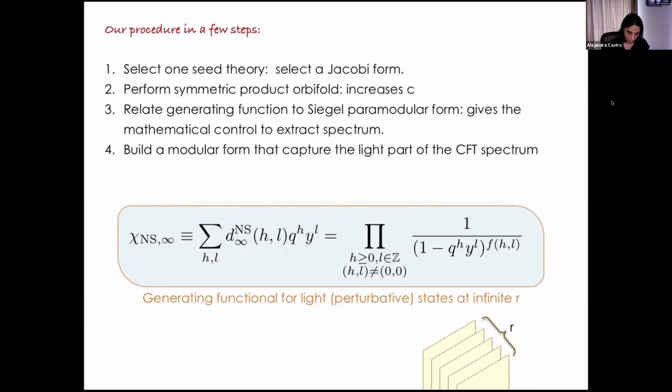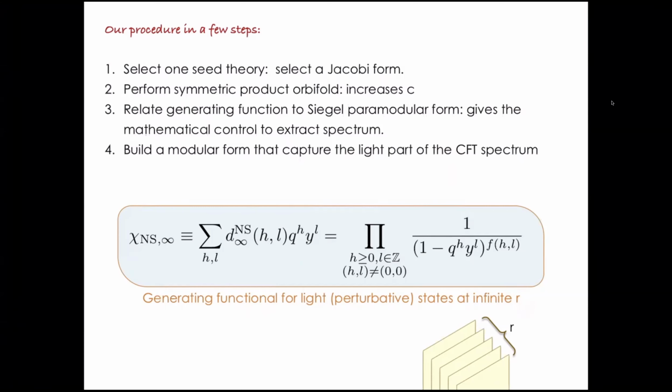We tell you how many light states there are in the NS sector when C, the central charge, is strictly infinite. You can write it as a sum, or we tend to report it as a product expansion. This is a generating function for only the perturbative part of the spectrum in this large C limit.